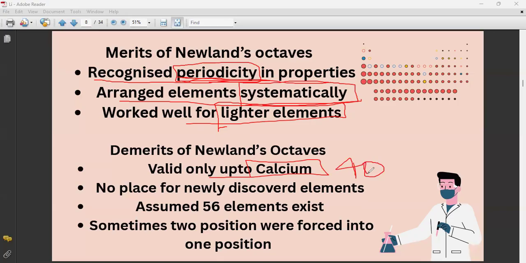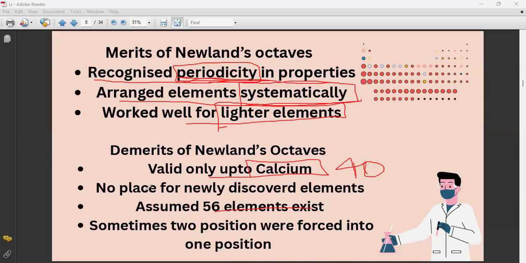And he assumed that only 56 elements existed, though new elements were being discovered at the time. He assumed that only 56 elements were there, and there was no place for the newly discovered elements in Newlands' law of octaves.